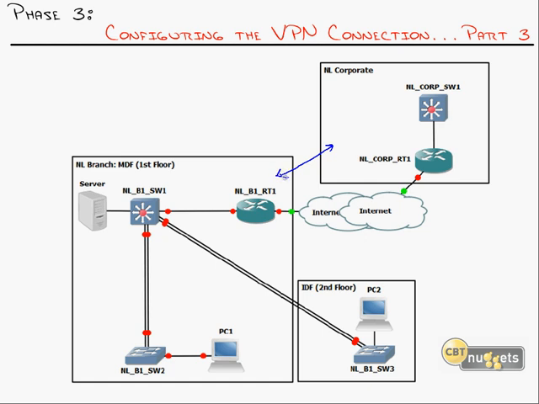It's the traffic worthy to cross the VPN. We have to go into this router right here and say, okay, if somebody comes from, we'll just say, 10.1.66.0/24, and they are accessing 10.1.32.0/24, that is worthy. I'm specifying that that's allowed to connect to the VPN.